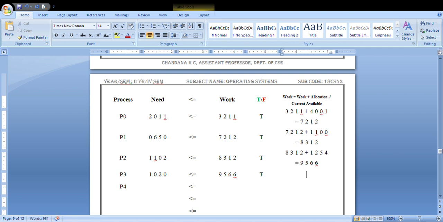Now you need to calculate the new available value. 9566 plus what is the allocation value for P3? It's 0633. Now what is the new updated value? 5 plus 6 it's 11. 6 plus 3, 9. Again 9.